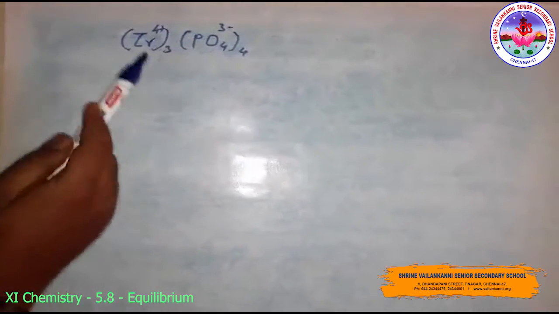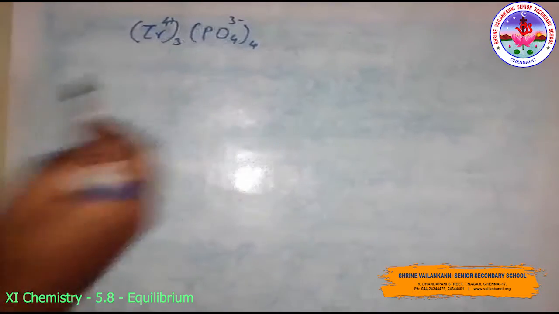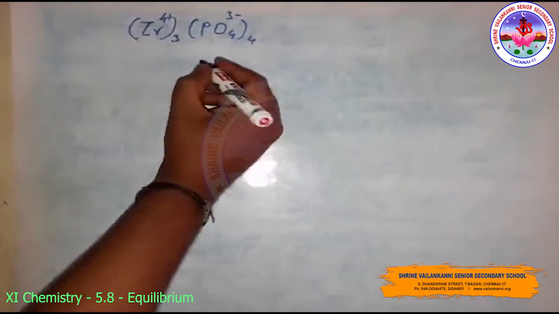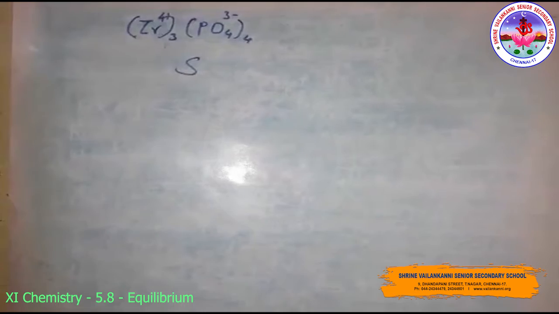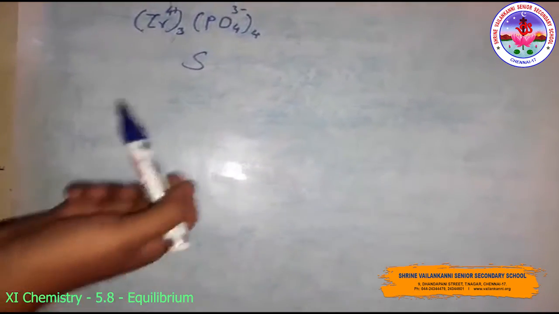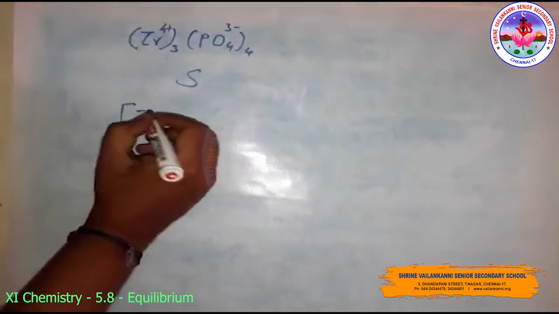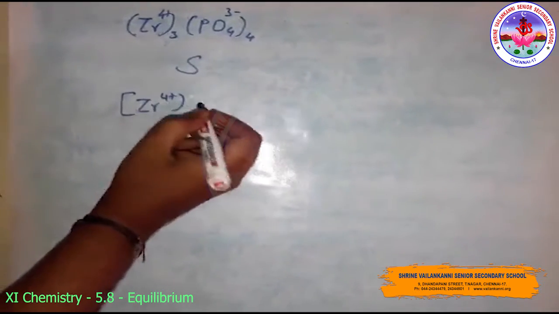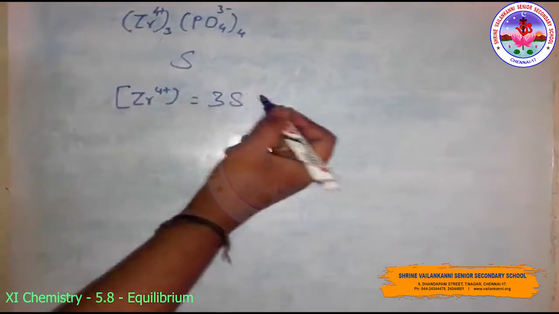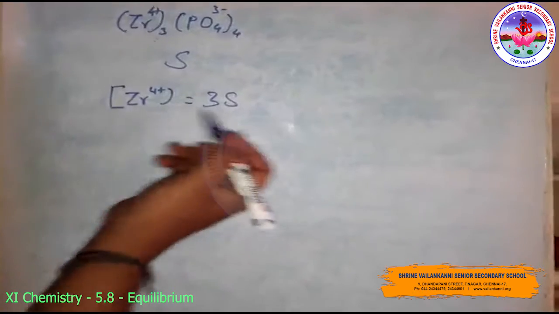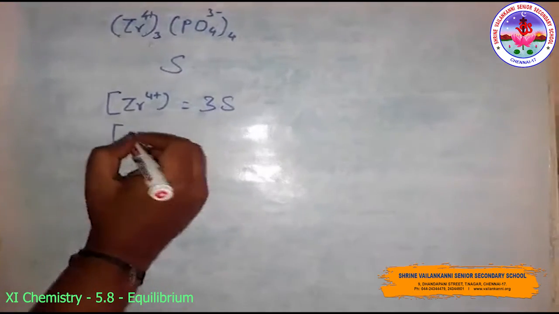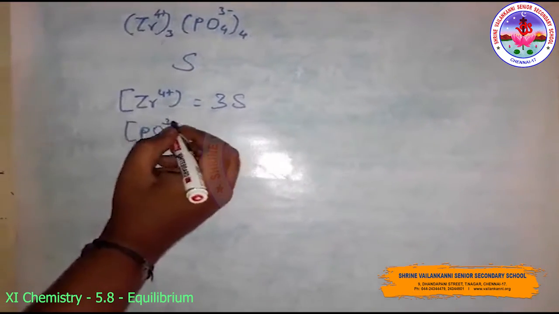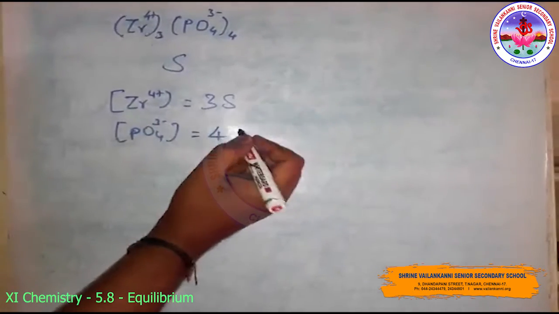If the molar solubility of zirconium phosphate is S, then the concentration of Zr4+ is 3S and the concentration of PO4 3- is 4S.